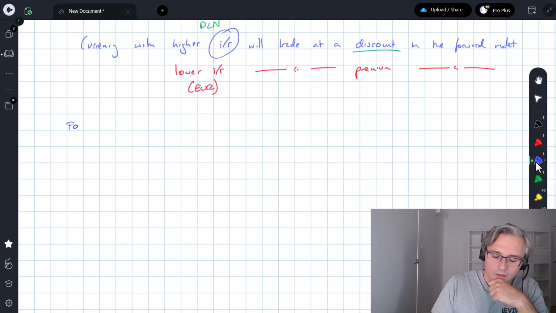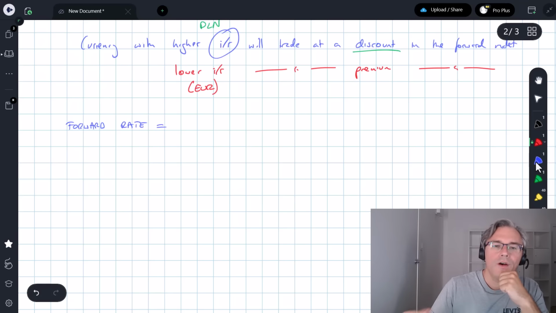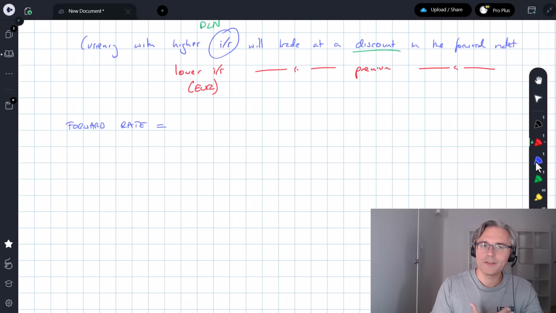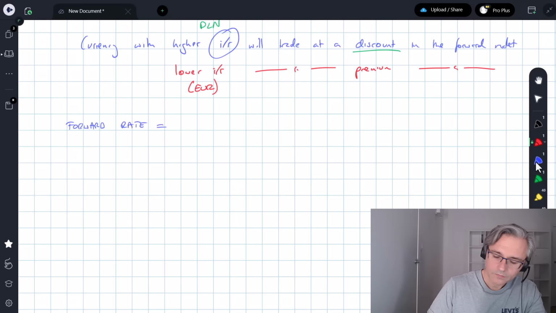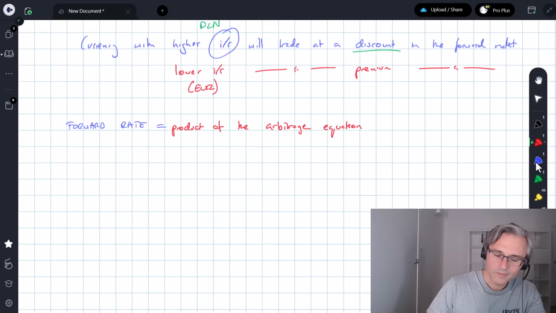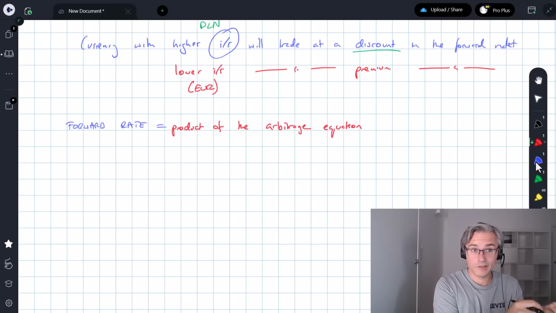The forward exchange rate in currencies is really only a product of this computation that I showed you. It's a product of the so-called arbitrage equation, or the arbitrage argument, and more on arbitrage computation in derivatives, actually.